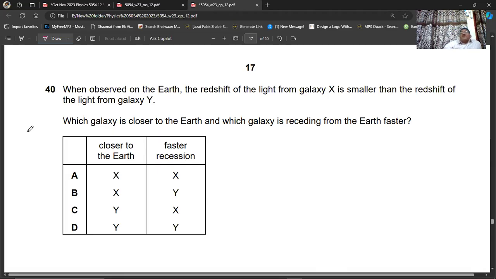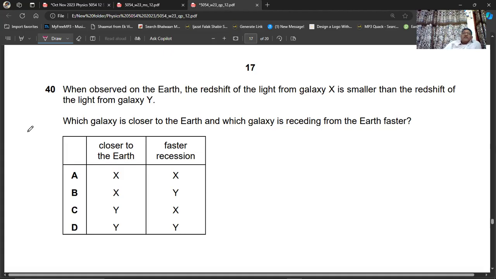And that is why. You see, the redshift idea is that if the object from which the light is coming is moving away from the observer, the light from that, when it reaches the observer, its frequency decreases because the source of the light is moving away from the observer, and its wavelength increases.